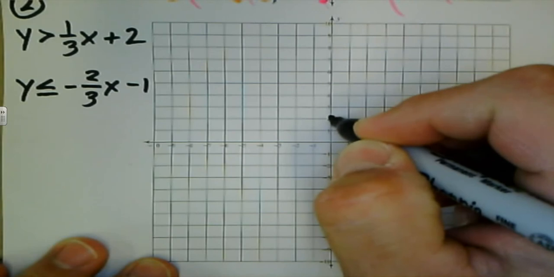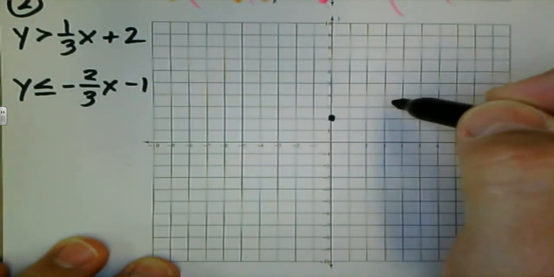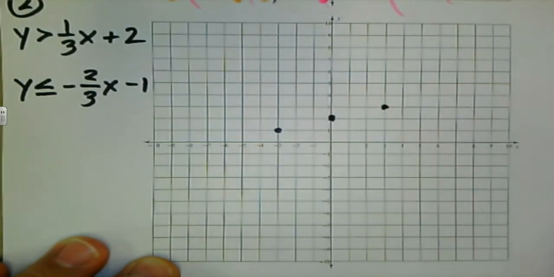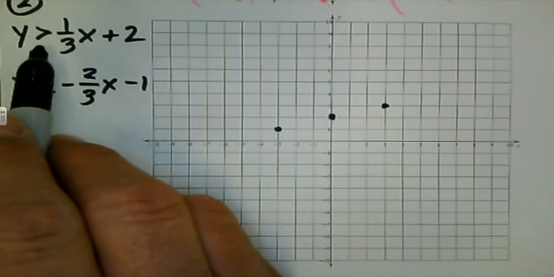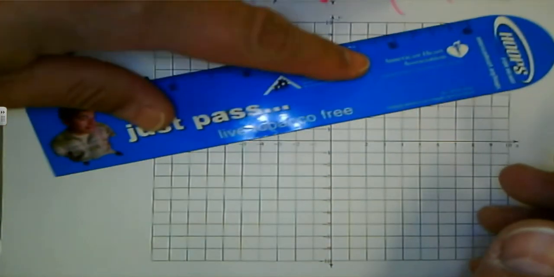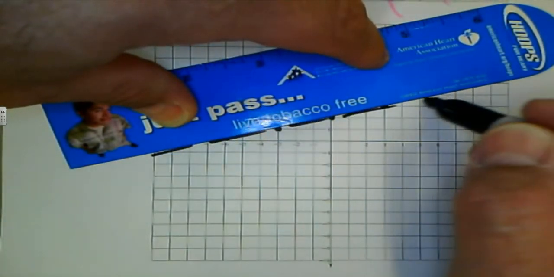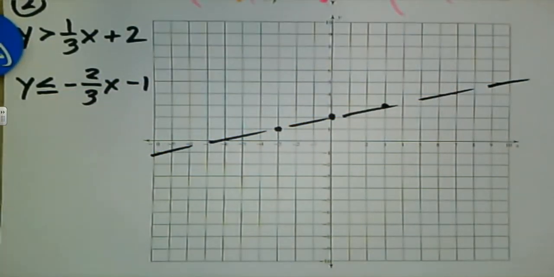So let's do the first one. It's at 2 on the y, and we go up 1 and right 3. Down 1, left 3. This is a dashed line. Now, what we did with him, we said like this.